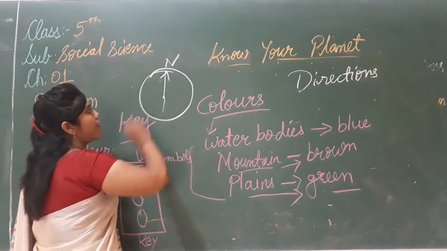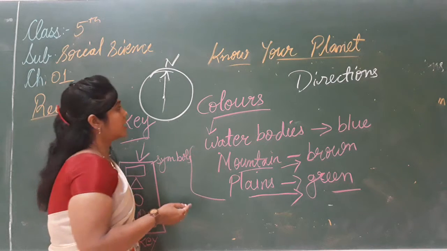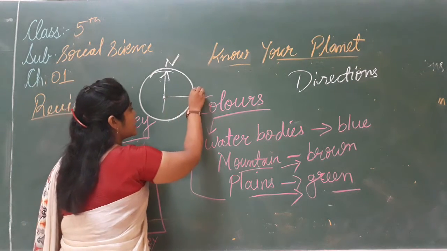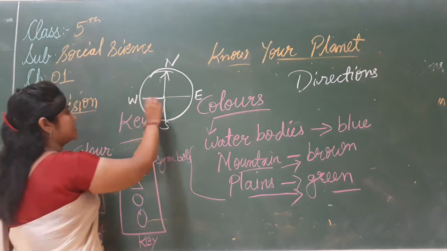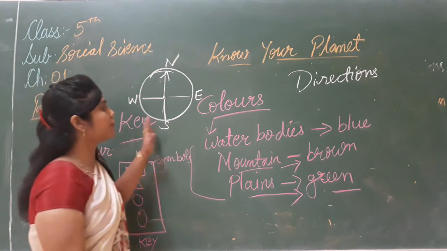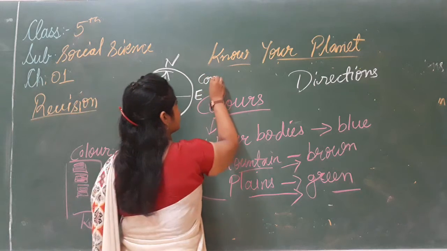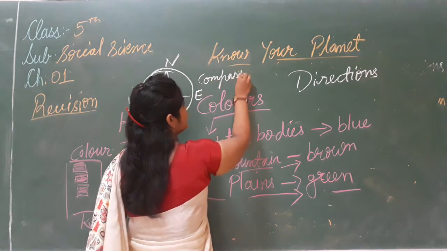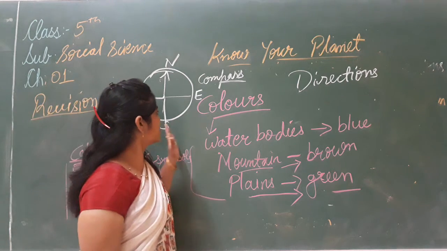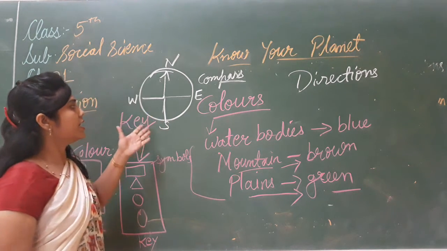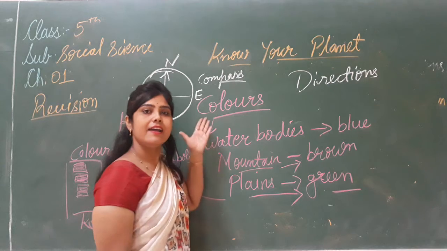So if we find the north direction, then we easily find where is the east, the south, and the west. With the help of this compass, the sailors can find out the directions where they are sailing. It is also used to find the direction.